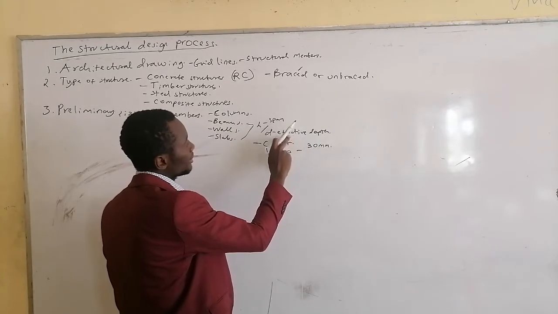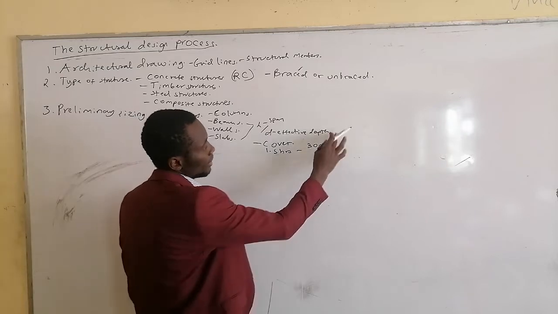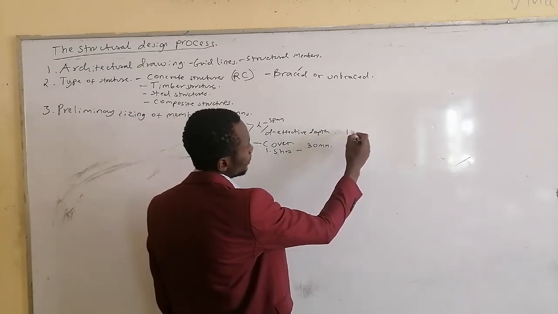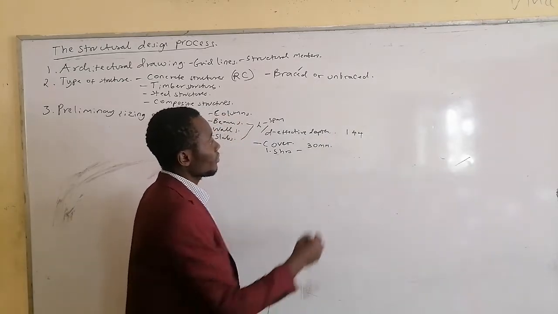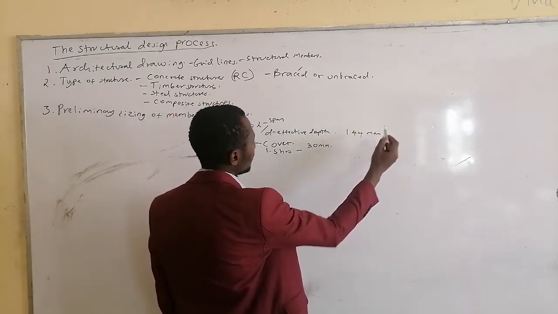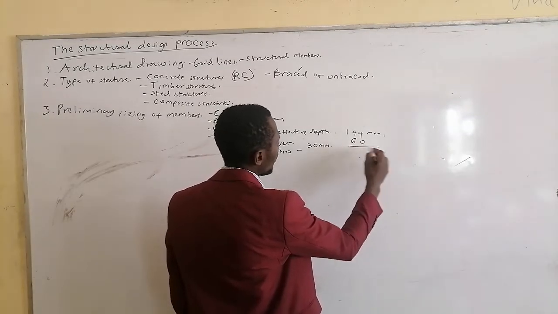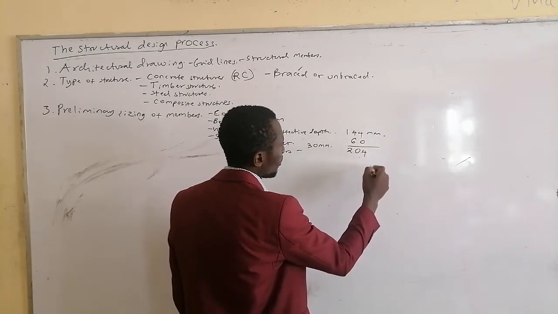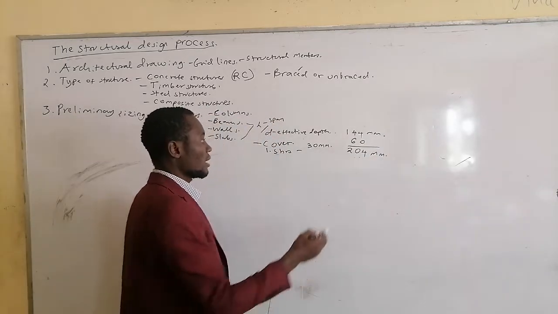When we are designing a beam and we get the effective depth, let's say our effective depth was 144 millimeters, and cover on both sides is 30, that is 60. Therefore, we need 204 millimeters of our element, assuming this was a beam.